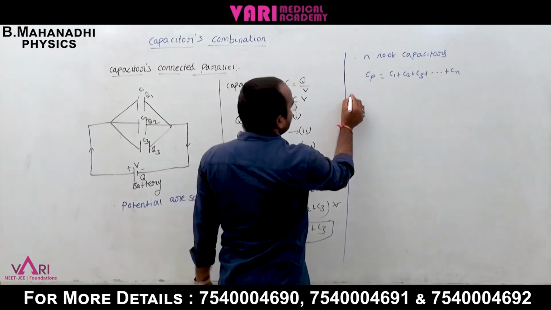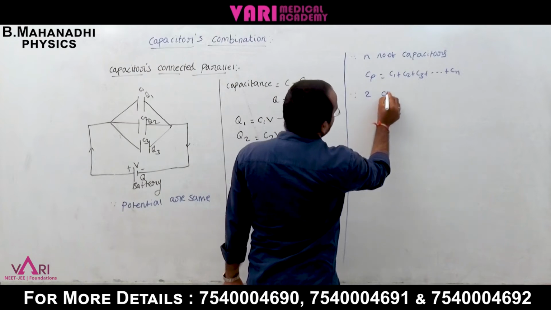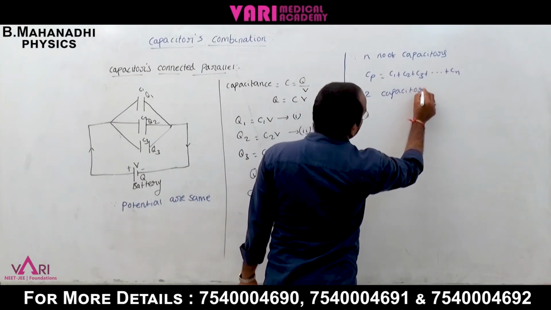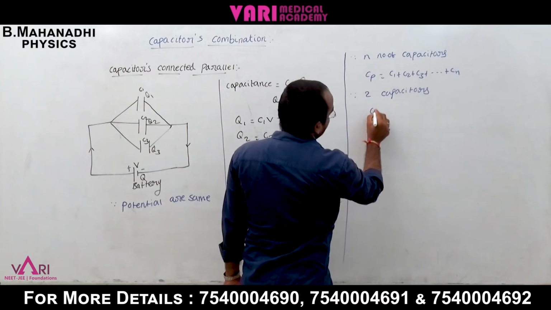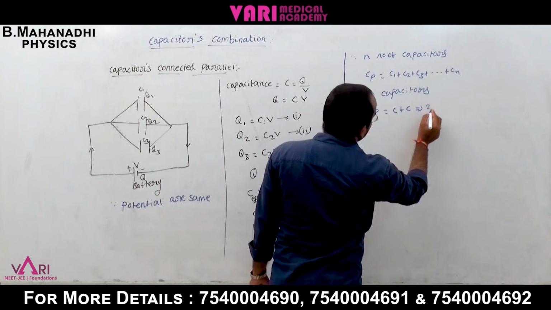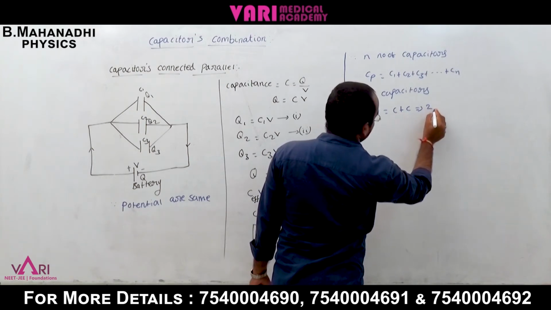If two capacitors, Cp equal to C plus C, which means 2C.